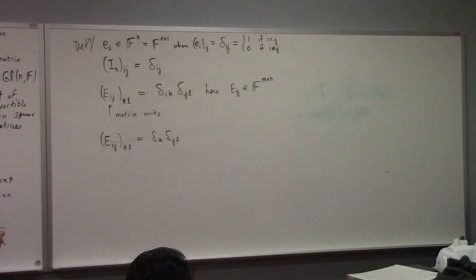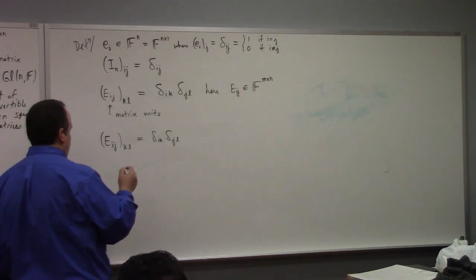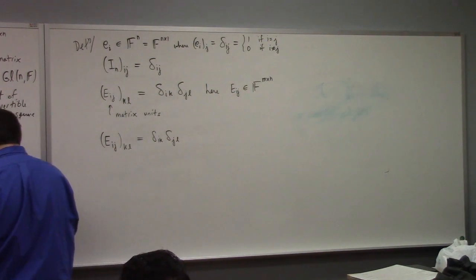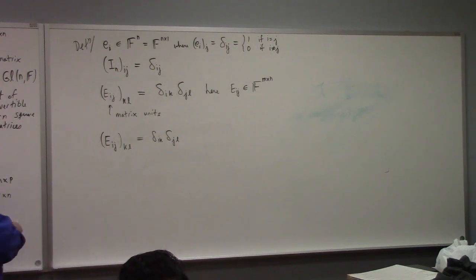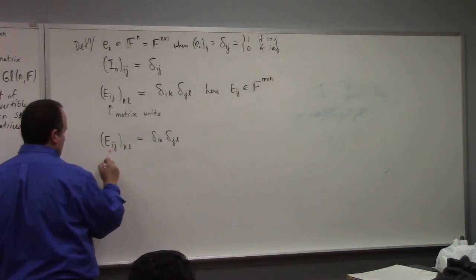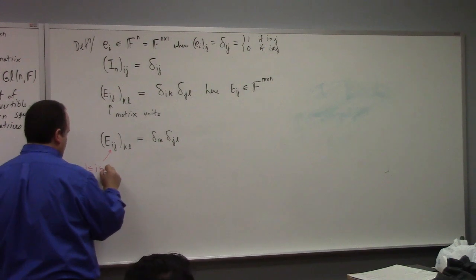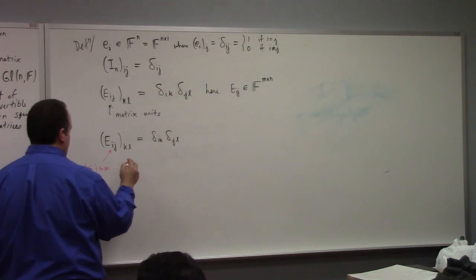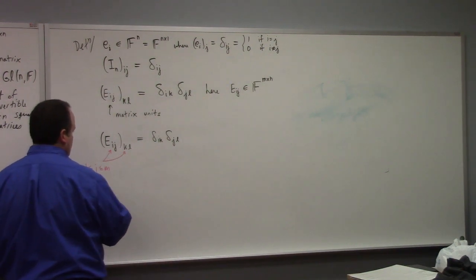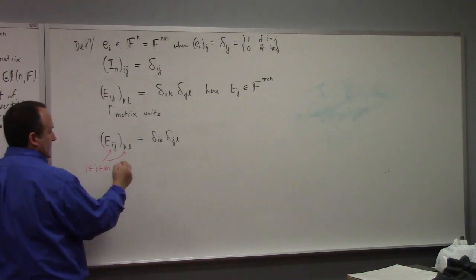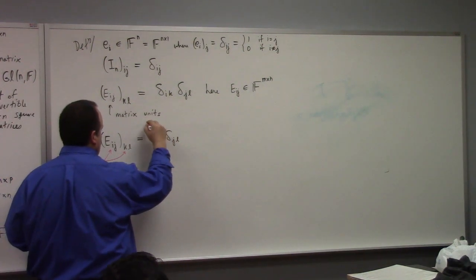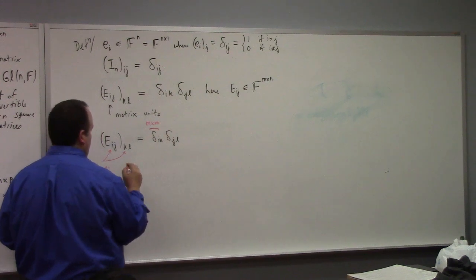All right, so let's see here. I'm trying to think. I can't do this stuff in my head. I gotta write it out. So i is 1 less than or equal to i less than or equal to m, right? In fact, i and k are both like that. So this is sort of an m by m thing, right?